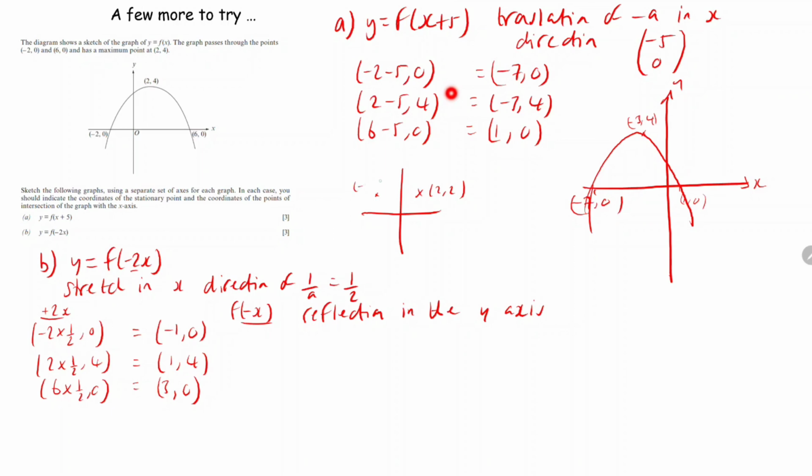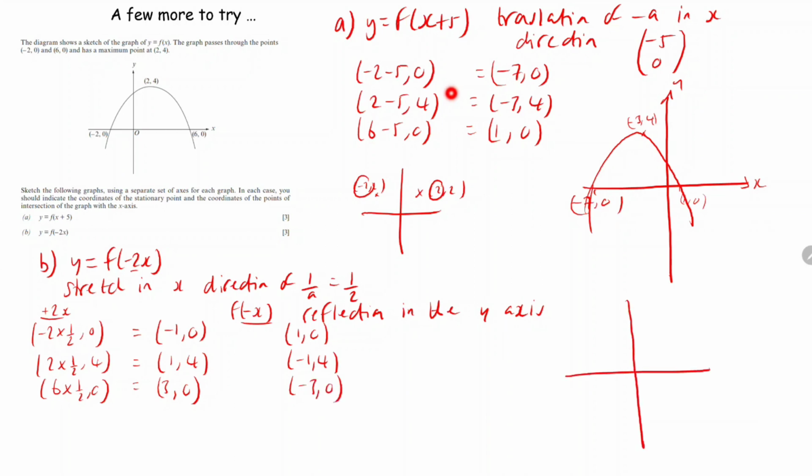The coordinates of the new reflected point should be minus 2, 2. So what you notice is the x coordinates being changed from positive to negative. So that's going to change the signs of each of these x coordinates. So the new coordinates are going to be 1, 0, minus 1, 4, and minus 3, 0.